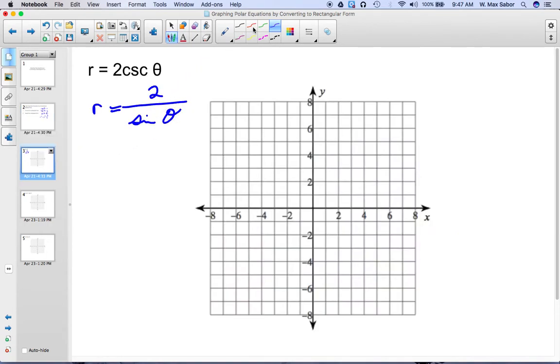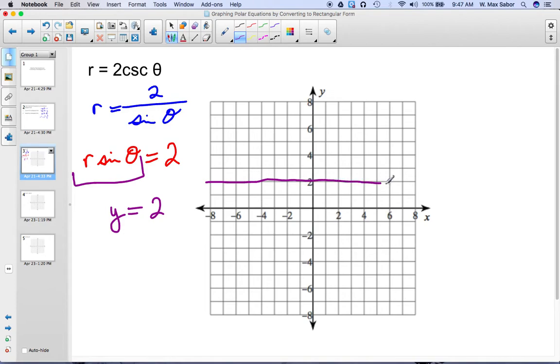So it seems like it would be a good idea to multiply by sine theta on both sides. This way we will have r sine theta, and that was one of our substitutions. Specifically, this substitutes to be y. So y equals 2 is the equation that is equivalent to r equals 2 cosecant theta.